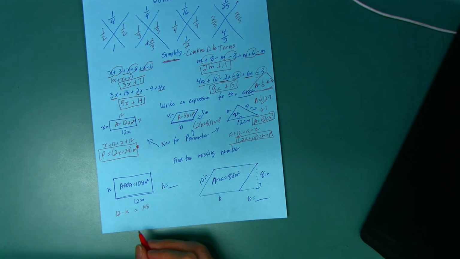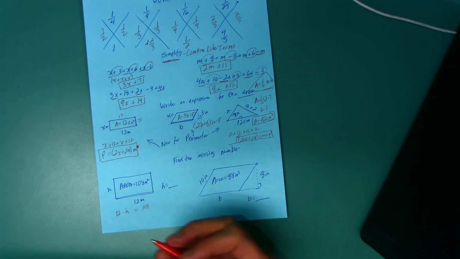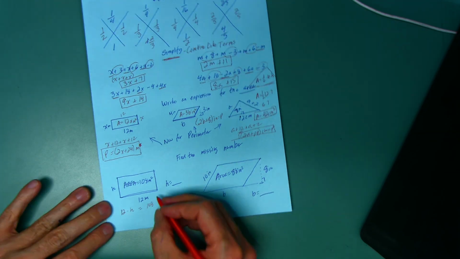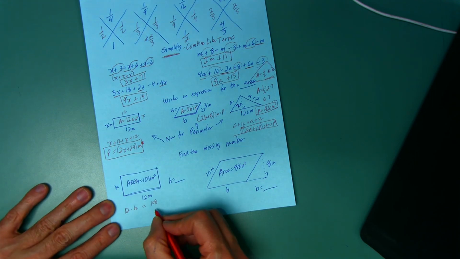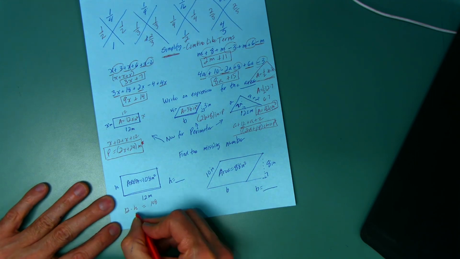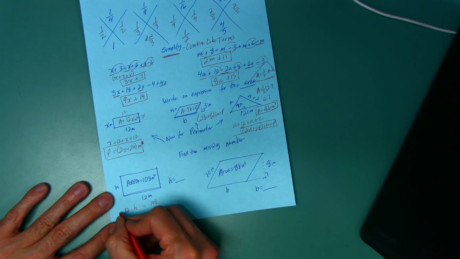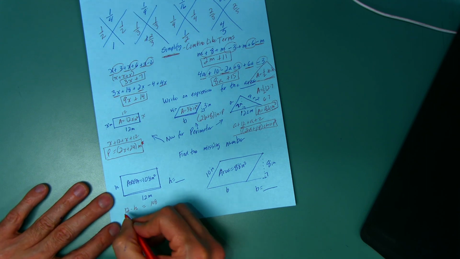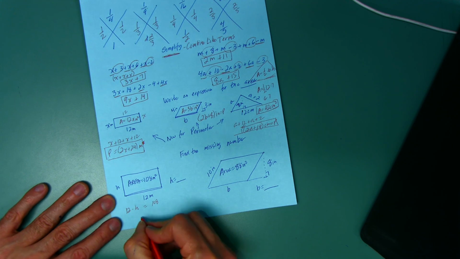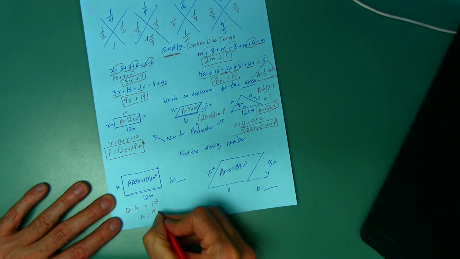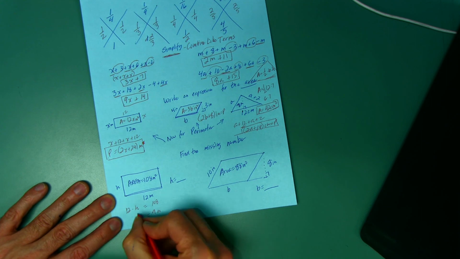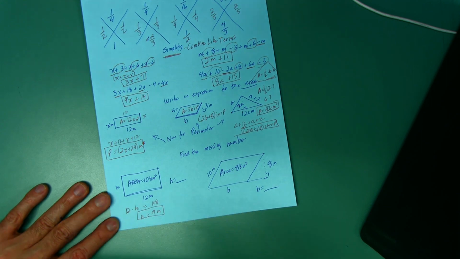So you're trying to figure out 12 times what is 108. And you can do that in all sorts of ways. One way is to divide by 12, but some people are real good with their facts, and they recognize, right, that 9 times 12 is 9 tens, 90, 9 twos is 18, and 18 and 90, 108. So h must equal 9. And if the area was square meters, the height is 9 meters tall.